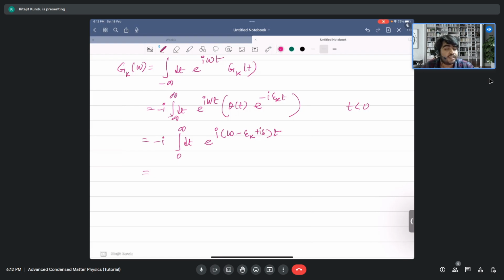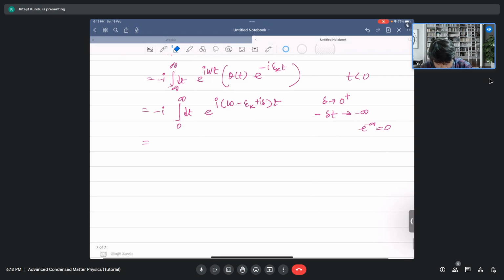Delta is a very small positive number, so that when t goes to infinity, the factor, with the i outside, is actually just minus delta t. So this becomes minus infinity, and e to the power minus infinity is just 0. This is to make sure that the integral is well behaved and converges, right? So with that trick we'll just do this integration.